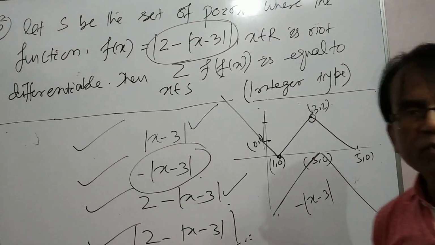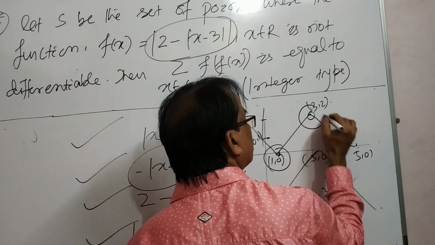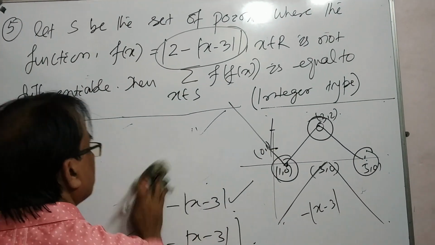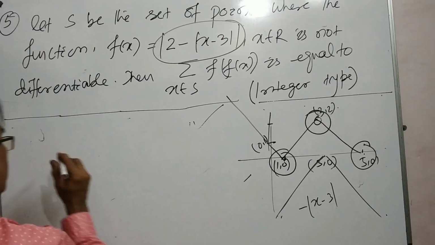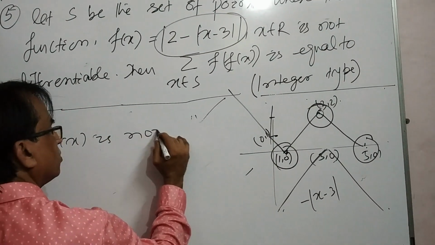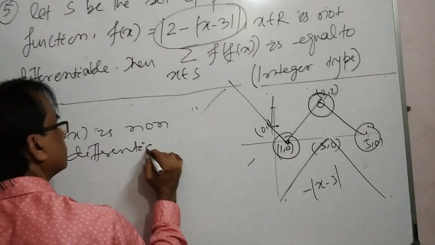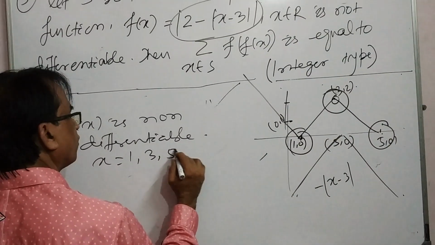Now how many turning points are we getting here? 1 turning point, 2 turning points and 3 turning points. At these turning points f(x) is not differentiable. Looking here, f(x) is non-differentiable at x equal to 1, 3, 5.